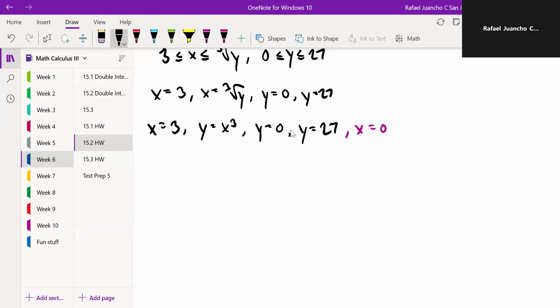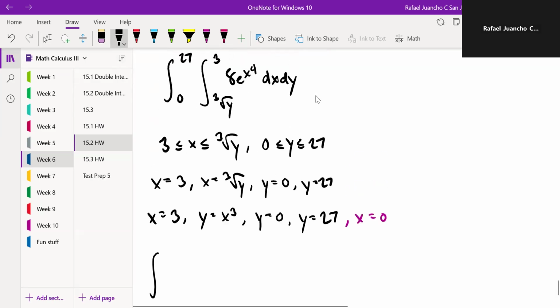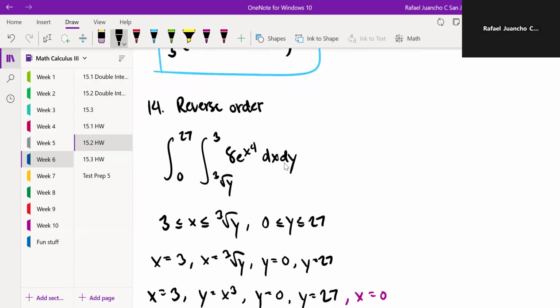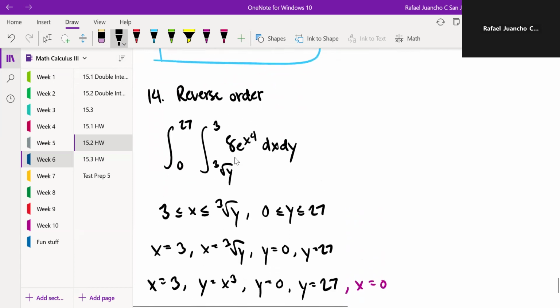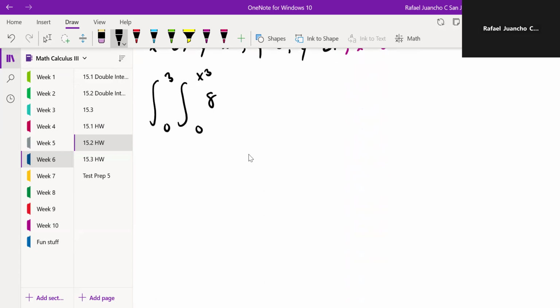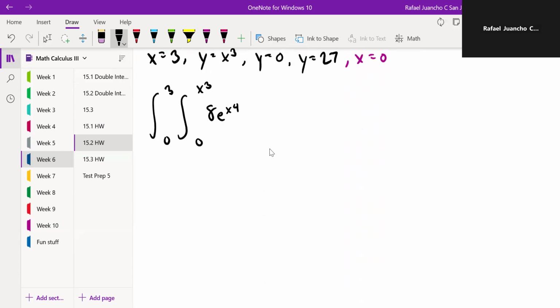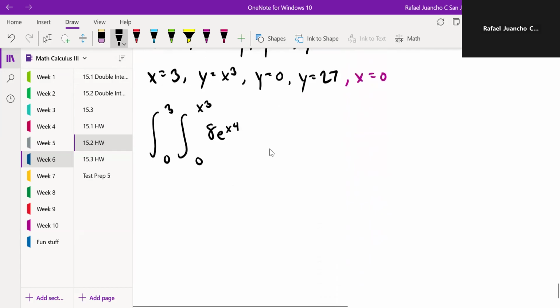So that's the other bound. So again, I need this to be dy dx. So my x is from 0 to 3. My y is from 0 to x cubed. Oh, that's so nice. And then I have the same function here, dy dx.